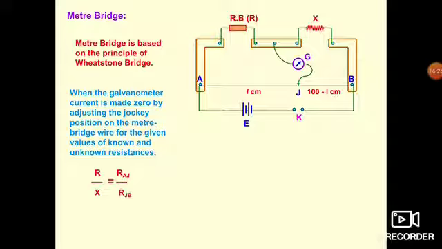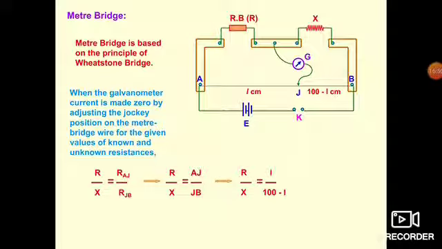R by X is equal to the resistance across section AJ divided by the resistance across section JB, same as P by Q is equal to R by S. RAJ is the resistance offered by section AJ, and RJB is the resistance offered by section JB.